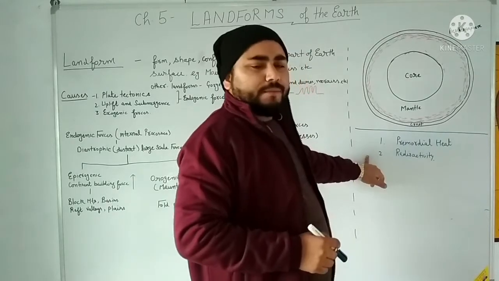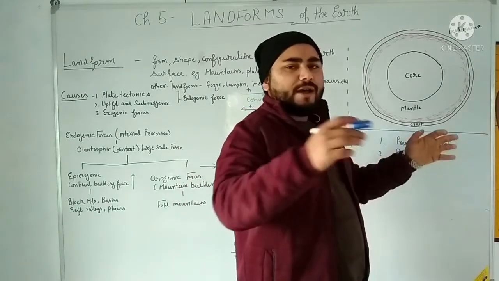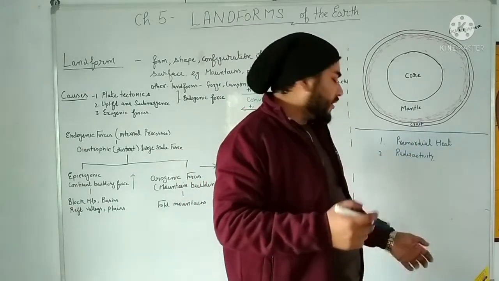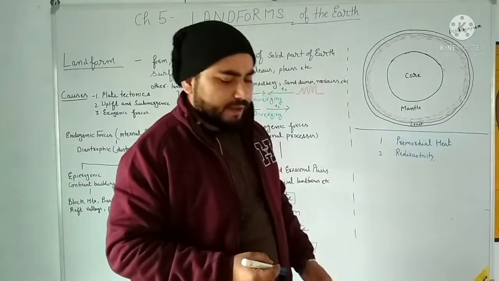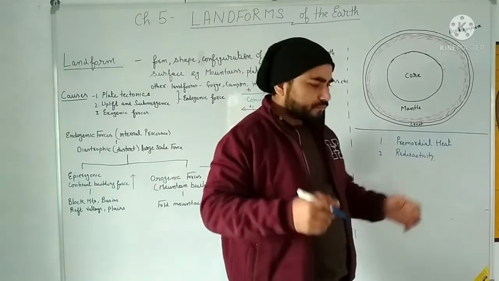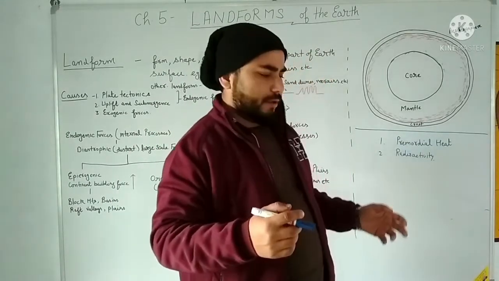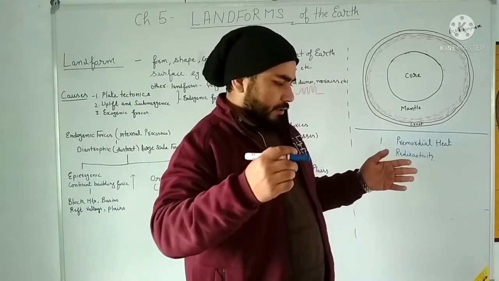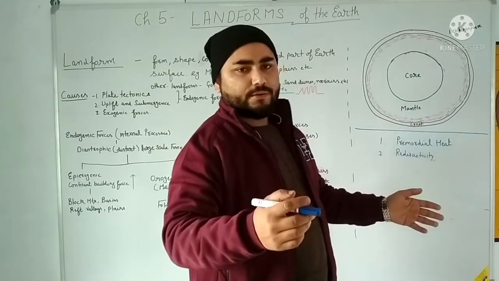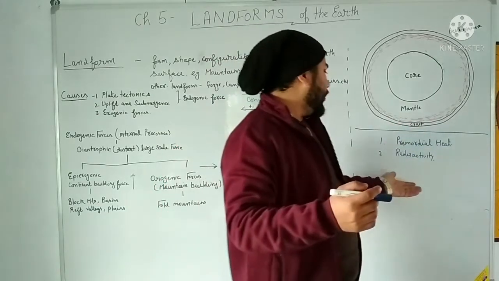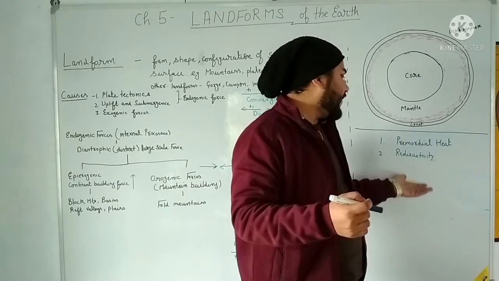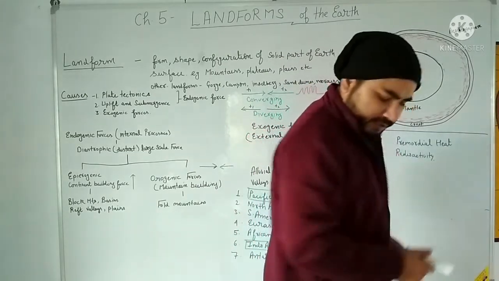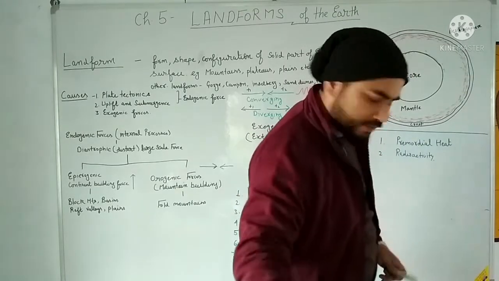So when the Big Bang took place, when this entire universe and our solar system were created, it is postulated that there was a very large hot mass of gases, and that mass of gases was spiraling all around like this.